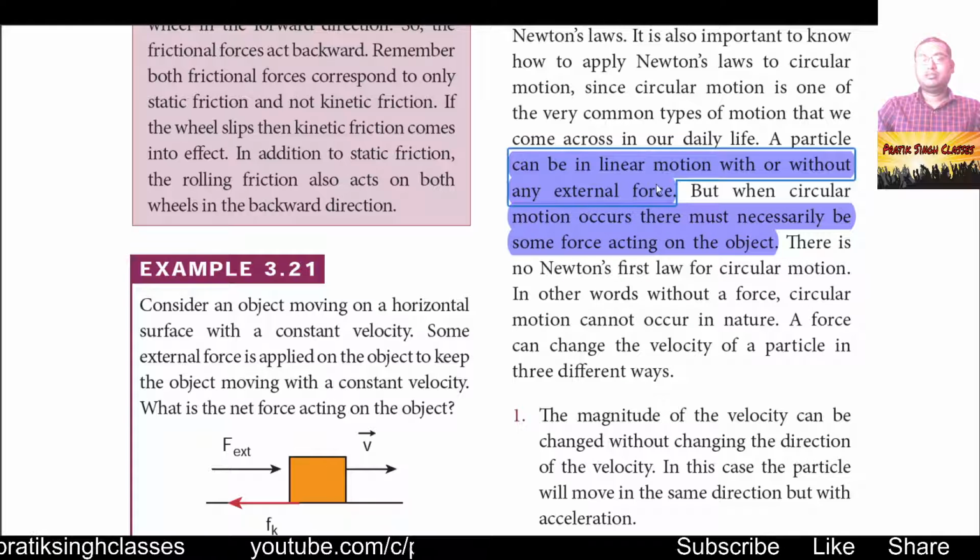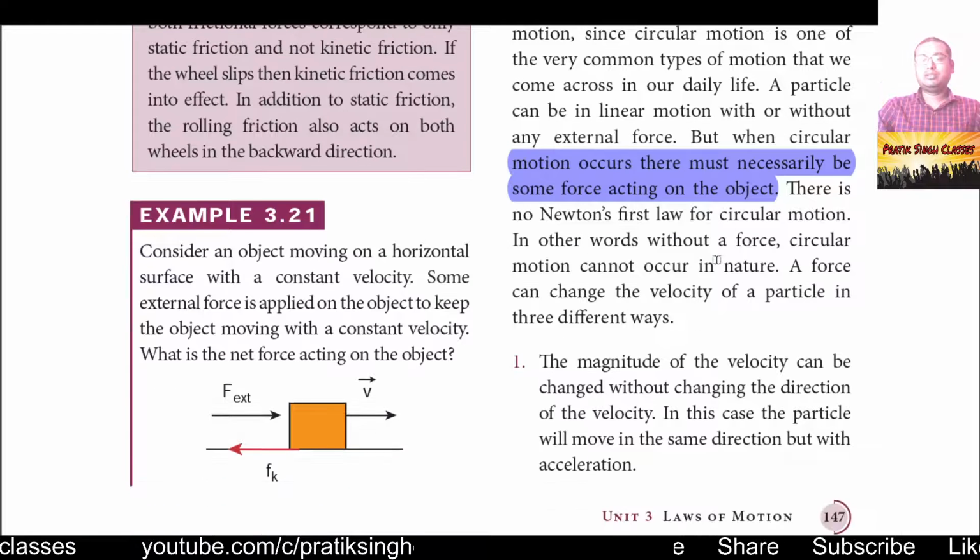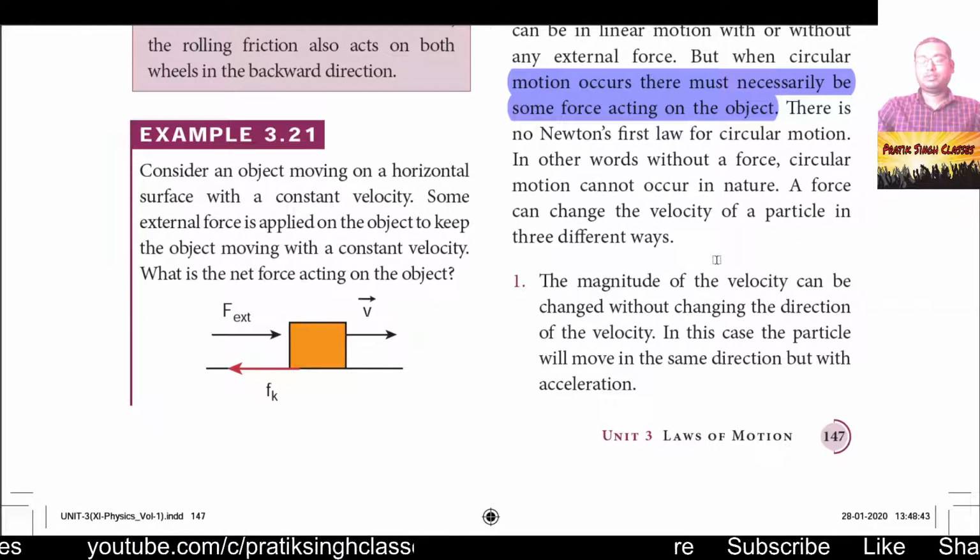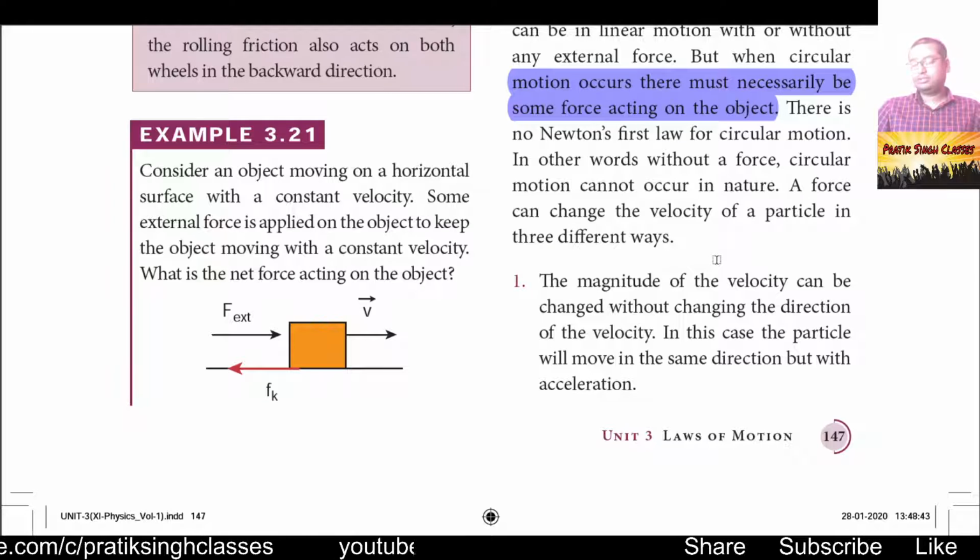Whenever we have linear motion, it may be possible that no net force is acting on the object. If velocity remains constant, the net force may be equal to zero even though the object is moving. But in the case of circular motion, without any external force the object will not move in a circular path.